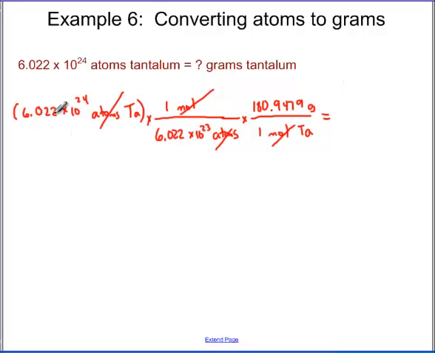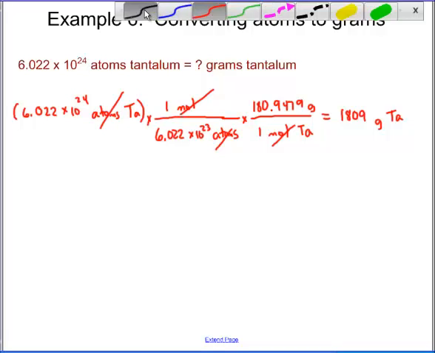So I want to take my starting amount divided by Avogadro's number and then multiplied by the molar mass. And when I do that, I want my answer to have 4 significant figures. So when I round my answer from my calculator, I get 1,809 grams of tantalum.